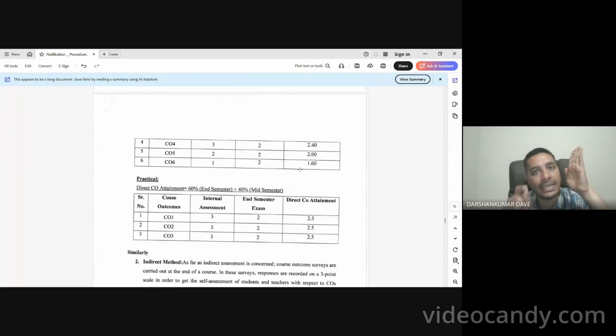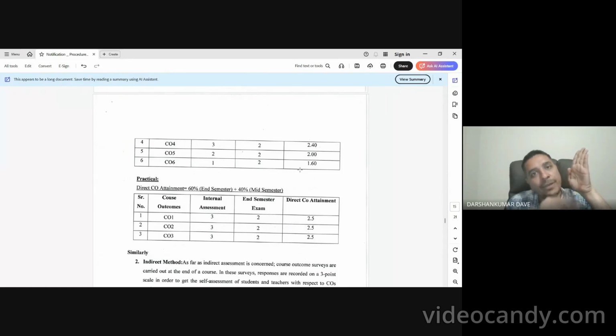That means I am lacking in delivering the course outcome 1 related content. So I have to take the necessary action there. I can think of implementing new teaching methods, changing the evaluation pattern, or adopting new teaching-learning practices. This is the indicator that my course outcome 1 is not attained well.